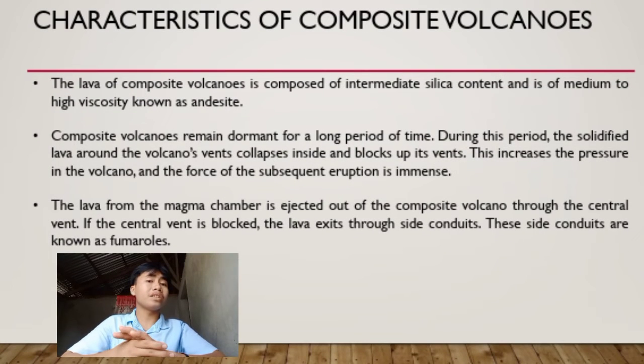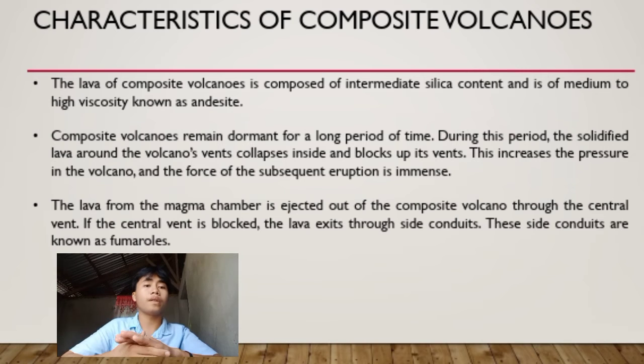Next, characteristics of composite volcanoes. First, the lava of composite volcanoes is composed of intermediate silica content and is of medium to high viscosity, known as andesite. Composite volcanoes remain dormant for a long period of time.